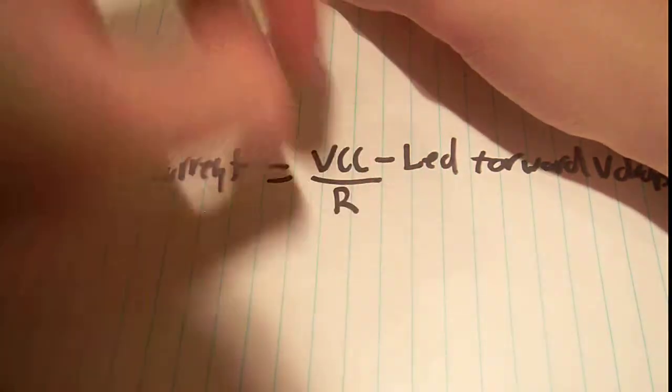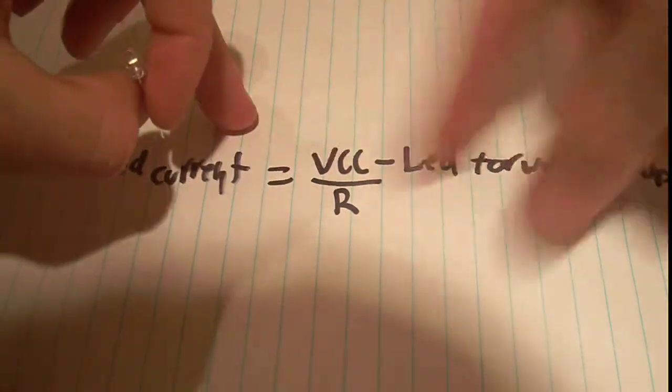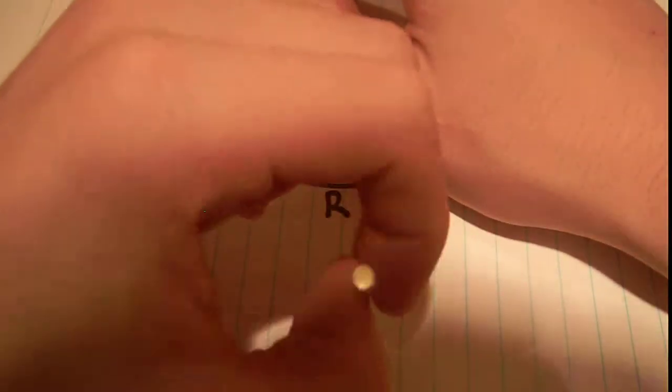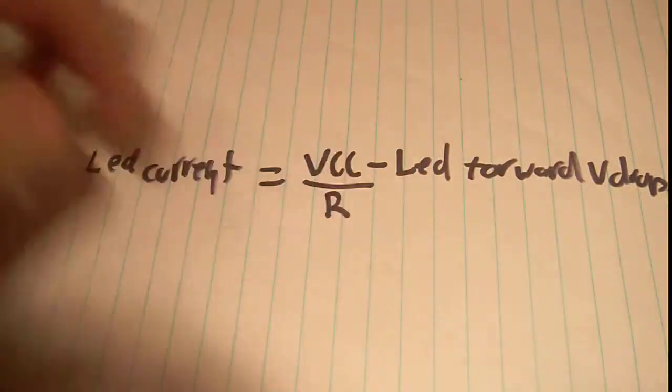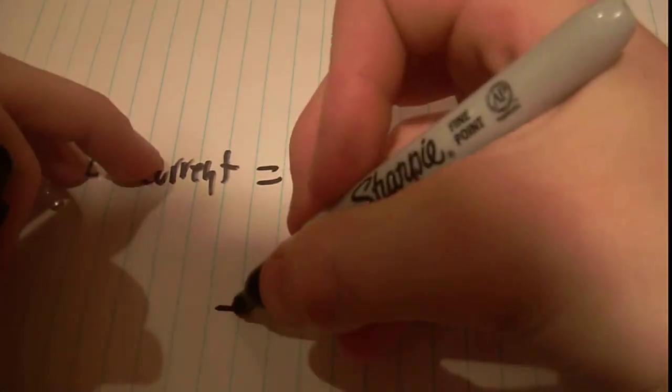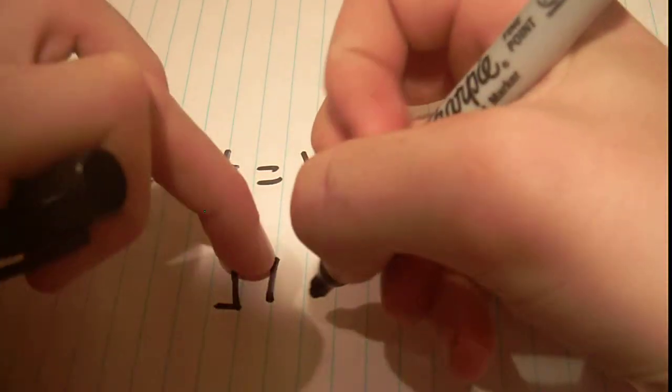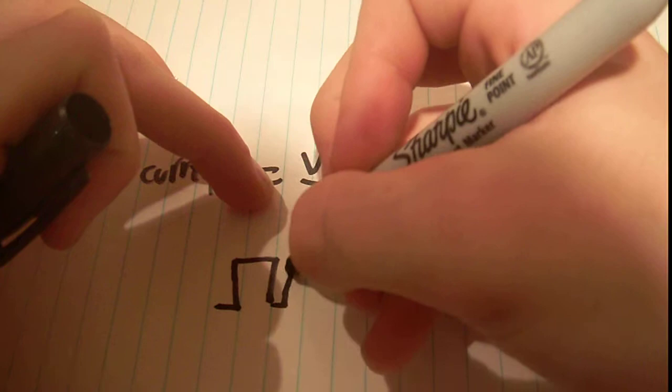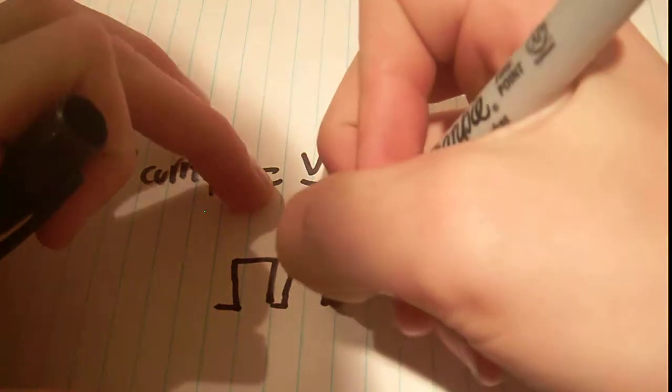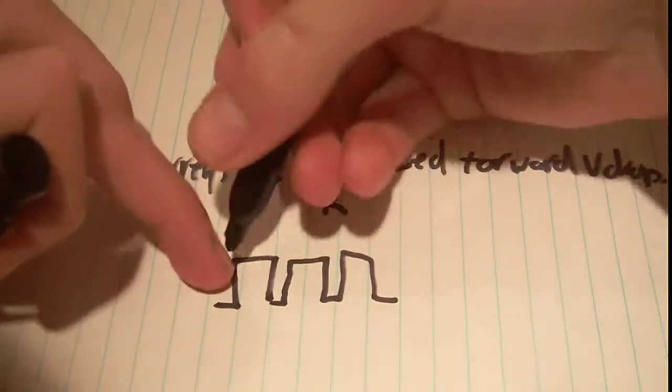What you could do is you could still drive it at the regular voltage with the same resistor. But if you were to flash it on and off, say, 2,000 times per second, right? But you were to keep it on most of the time, say up is when it's on and down is when it's off, you would do something like this, right? So that way it's on most of the time.